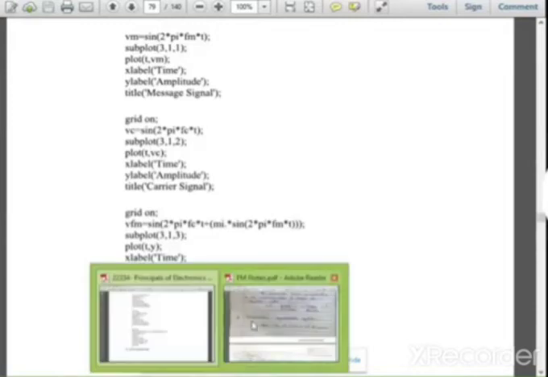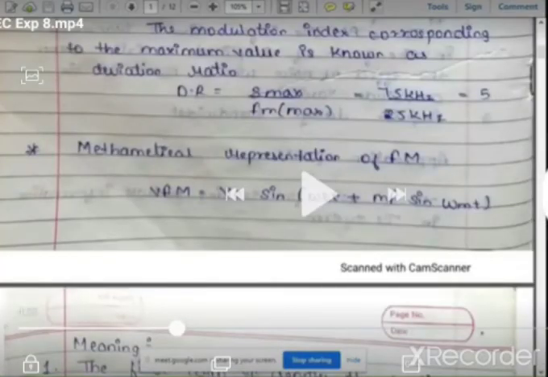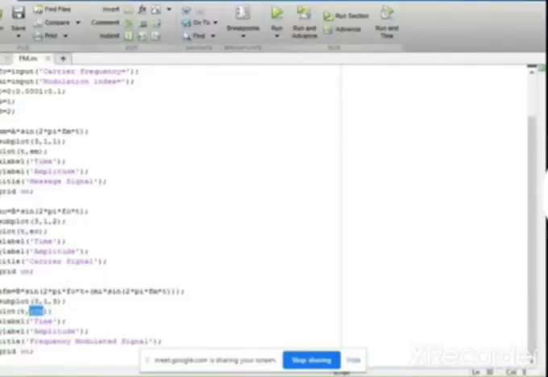This is the code which I have already written in MATLAB, the same programming from your lab manual.